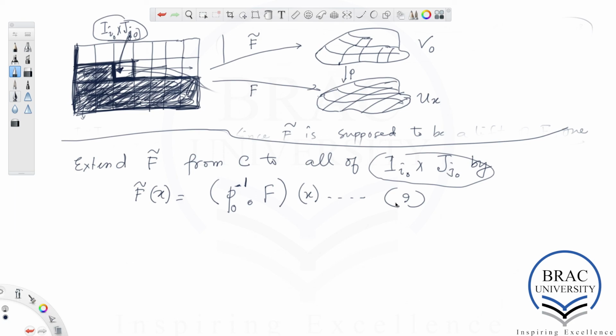So the extended map given by this equation 9 is continuous by the pasting lemma. You can immediately check because all these rectangles that you have are closed in I cross I, and f tilde defined in this way will agree on the pairwise overlap of the rectangles.